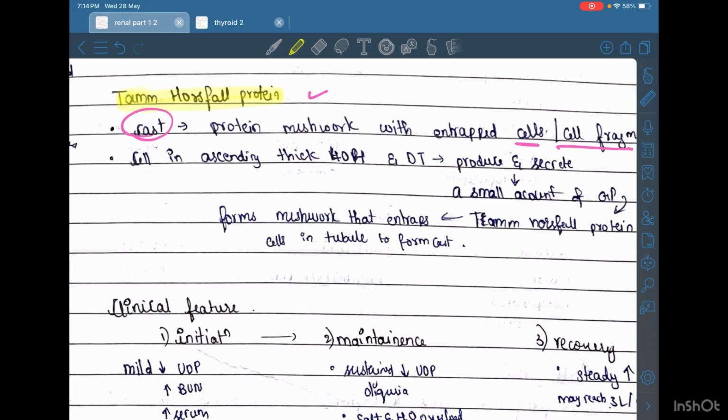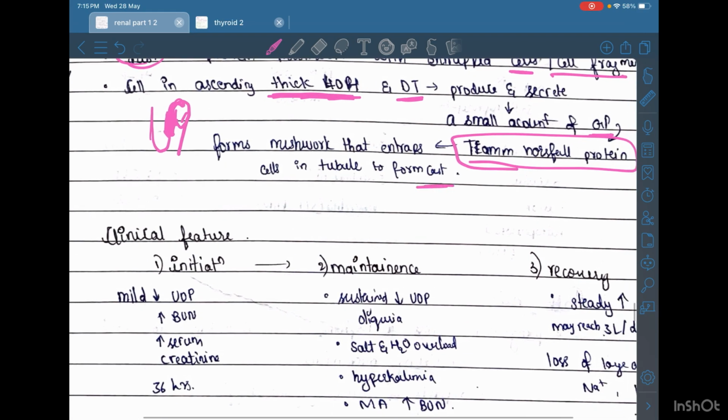So cells in the ascending thick loop of Henle and DCT secrete a small amount of glycoprotein called Tamm-Horsfall protein, which forms a meshwork that entraps the cells in the tubule to form a cast.